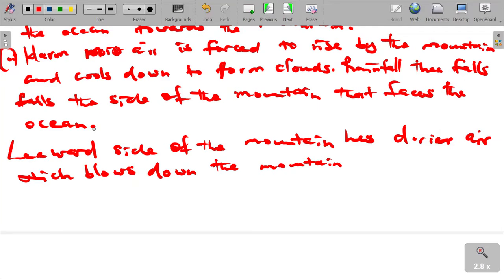Then what we need to understand is that when this air blows down the mountain, the dry air that descends the leeward side continues to pull moisture out of the land, which we are saying remains dry there.